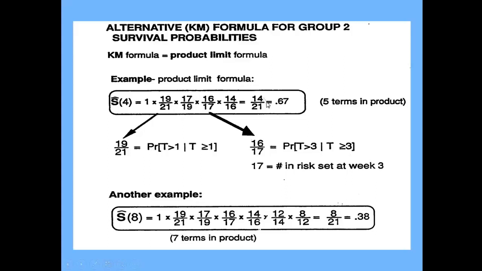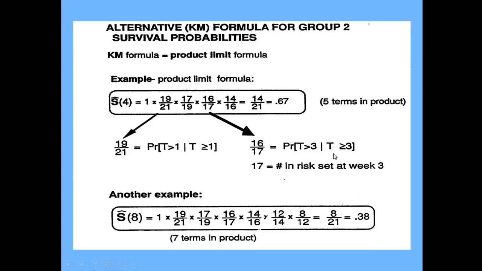So it works by considering what happens at any time, times what happens at the next time, given somebody got to that time, times what happens at the next time, given somebody got to that next time. That's what you're doing here. Probability of surviving past time 1, given that you've survived up to time 1, is 19 over 21.